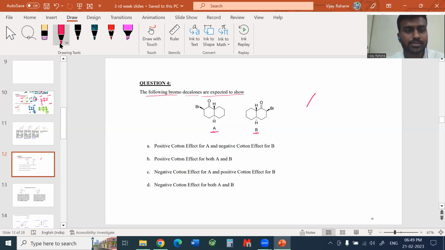So I will just draw this molecule in a chair form, and the chair junction should be anti, right? So I will draw.